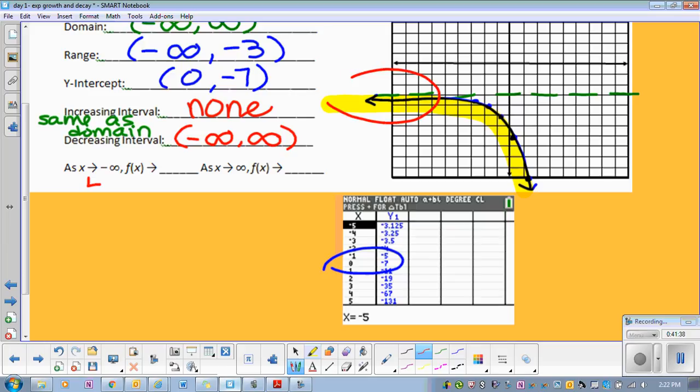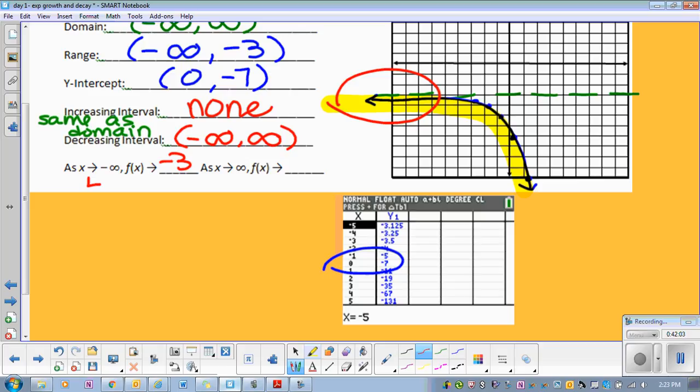Is it going straight up to positive infinity? No. Is it going straight down to negative infinity? No. It's actually stuck at the asymptote, which is at where? -3. Okay?